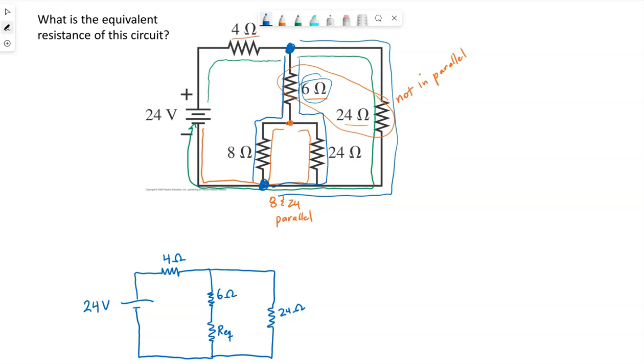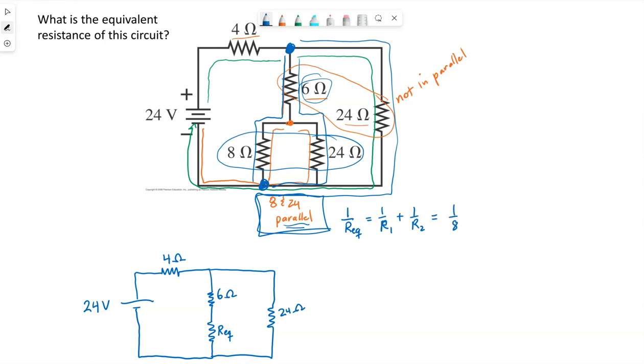So our equivalent 8 and 24, in my mind, I think I might have said series. I apologize if I did. I know these 2 right here are in parallel. Consulting my test notes, in parallel, we have an inverse relationship. I'll write it symbolically first.